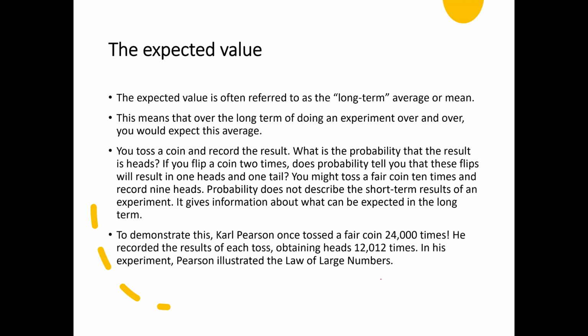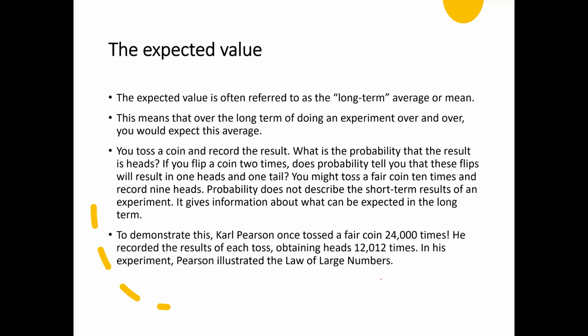If you flip a coin 2 times, does the probability tell you that these flips will result in 1 head and 1 tail? You might toss a fair coin 10 times and record 9 heads. Probability does not describe the short-term results of an experiment. It gives information about what can be expected in the long term.